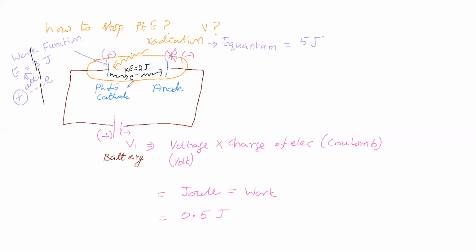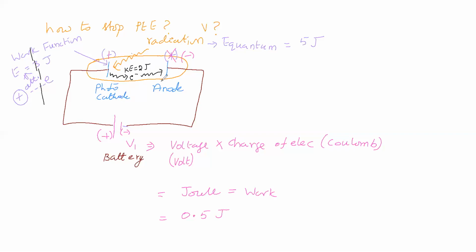So what is the kinetic energy of this electron moving like this? What is the kinetic energy of this photoelectron moving from photocathode to anode? Now what is the kinetic energy, do you say?